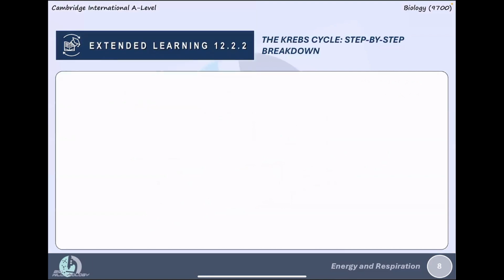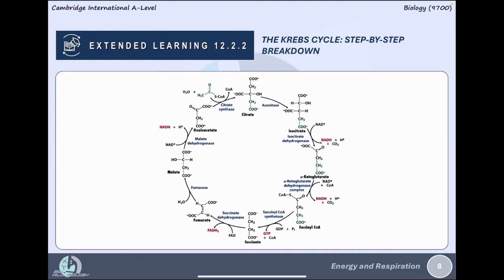This is extended learning, okay, where we look at the Krebs cycle step-by-step breakdown. Again, it is not as simple as we learn in A level. So just for your information, we can see that it starts with the oxaloacetate forming citrate by accepting the acetyl group from coenzyme A. The citrate will undergo a series of reactions.